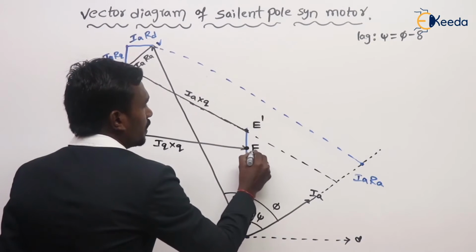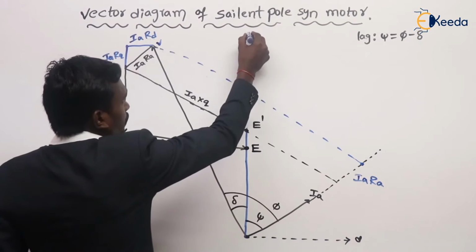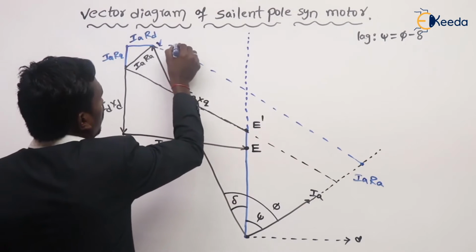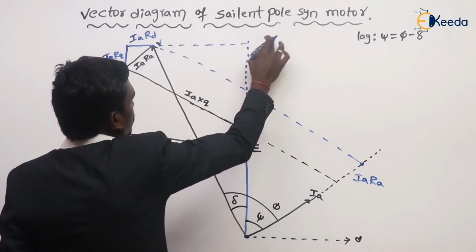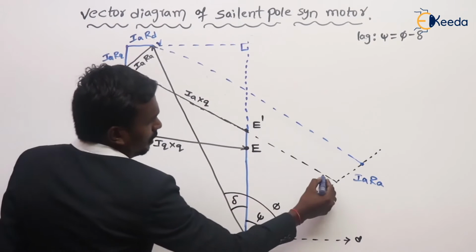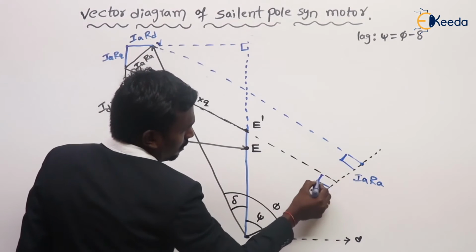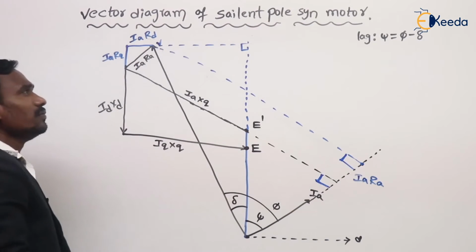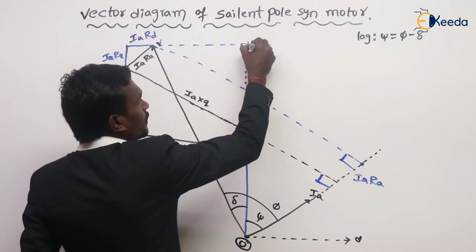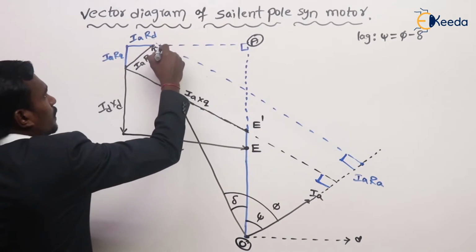This is the EMF, our actual EMF E. So take a projection, not an exact line, like this. Yes, this is 90 degrees. Of course, here also we have 90 degrees, and here also 90 degrees. It should be 90 degrees. Now take the points O, A. This is the voltage V, right?